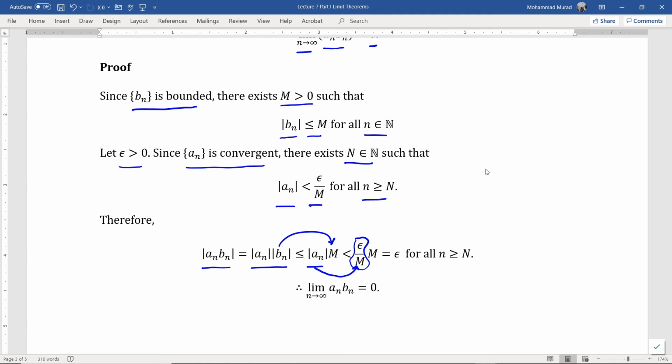So we have the absolute value of a sub n b sub n is smaller than epsilon for all indices n greater than or equal to capital N. And this proves that the limit of the product a sub n b sub n as n approaches infinity equals 0.